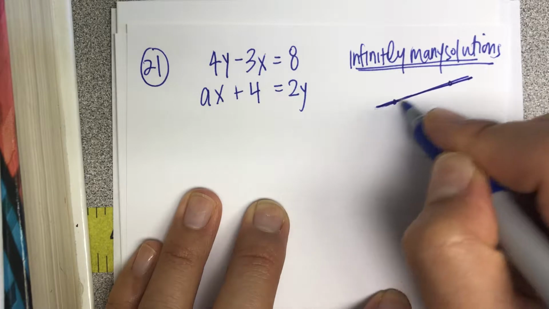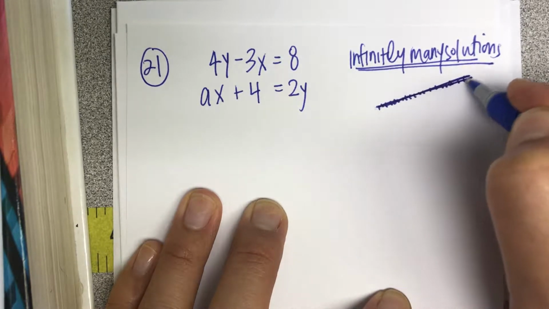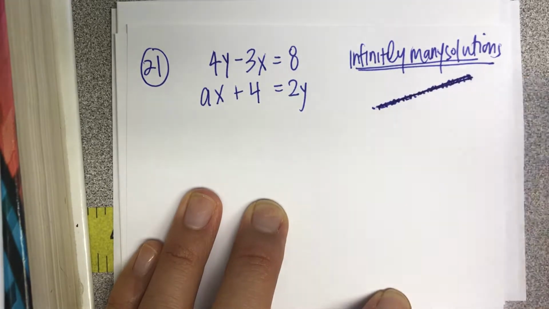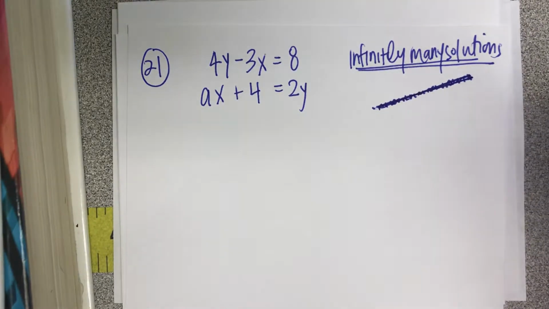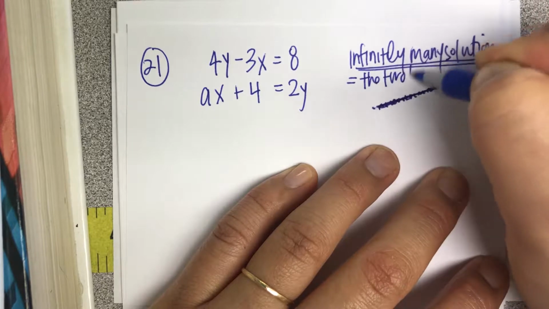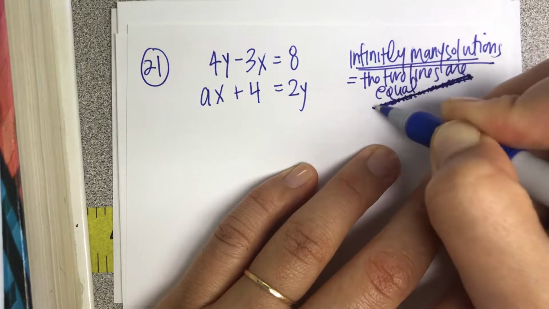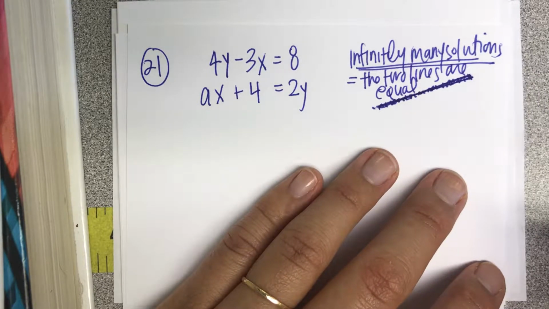So it's two lines above each other, which is infinitely many solutions, because every little point is a solution, right? So these two are the identical line. So make sure that you know that. That means that the two lines are equal, so they're lying on top of each other. Therefore, it's infinite. What is the value of constant A?